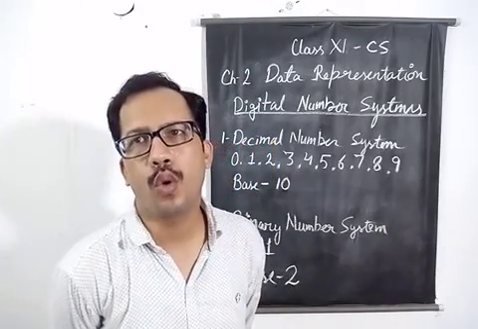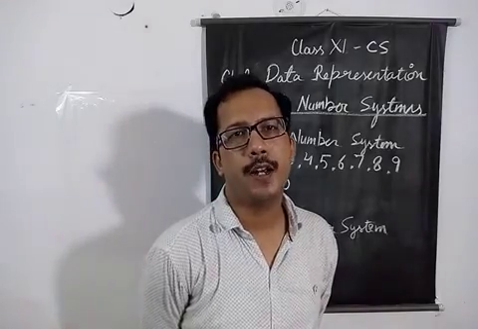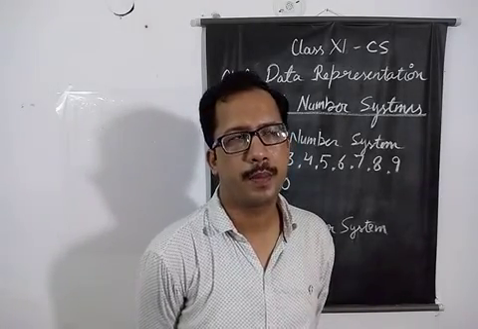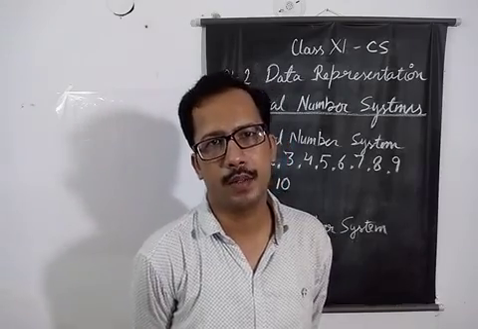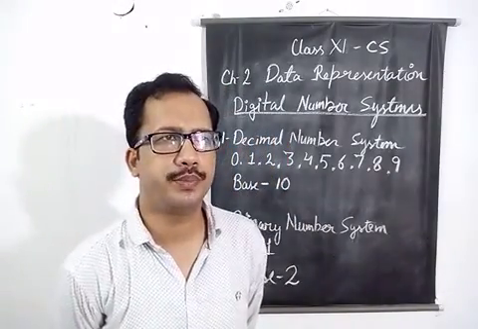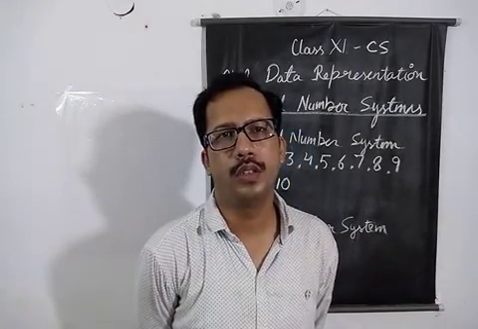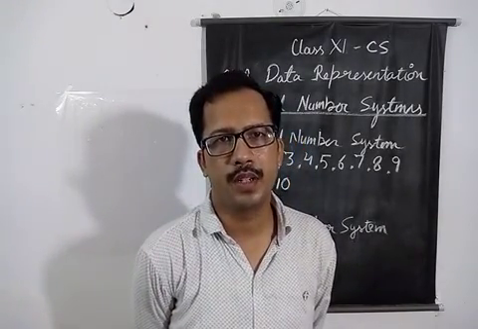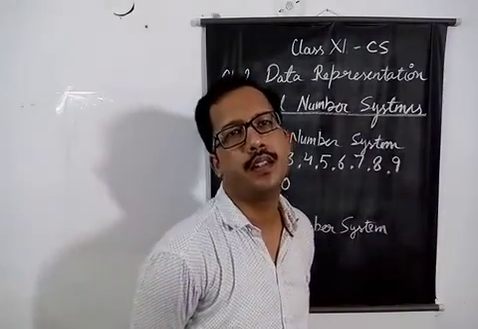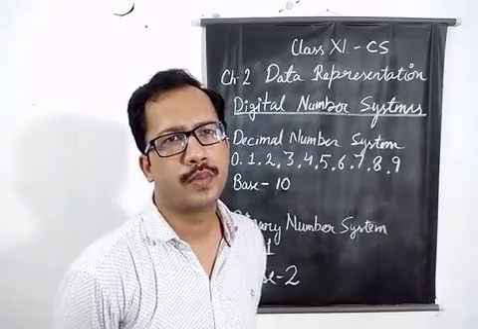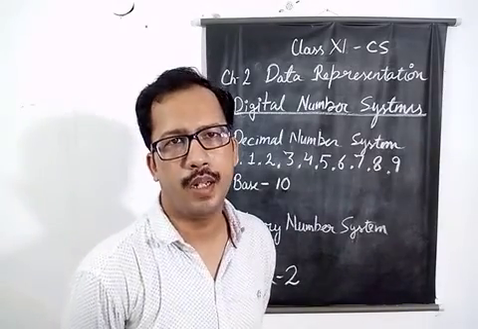So the most common number systems to represent the data are the decimal number system, binary number system, octal number system, and hexadecimal number system. First I will explain briefly the decimal number system. The decimal number system says that the 10 digits from 0 to 9 are known as the decimal number system.